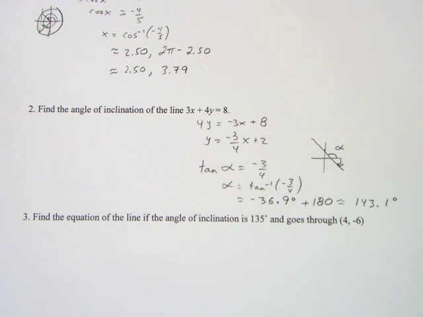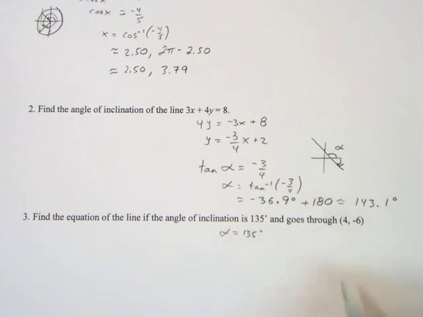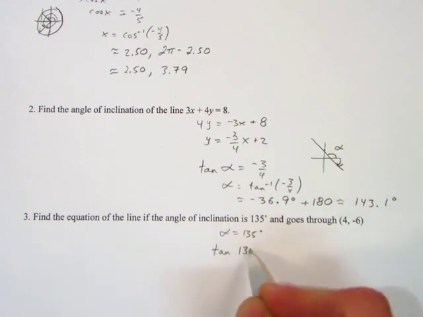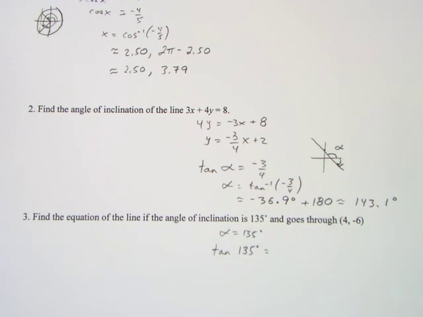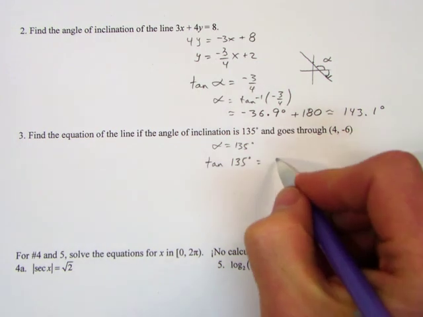Now here's a slight variation of it. Find the equation of the line if you're told the angle alpha is 135 degrees and we have a point. So we can say the tangent of 135 degrees, and since you're all experts in the unit circle, you know 135 degrees is in the second quadrant. It has a reference angle of 45.